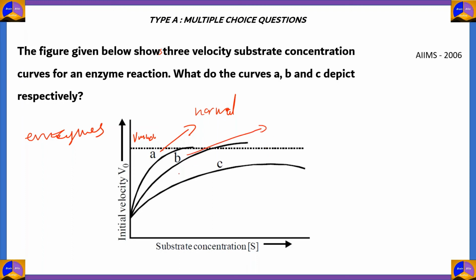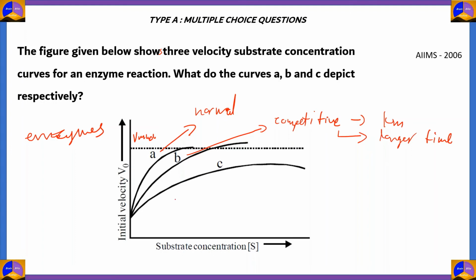And so it takes a greater amount of substrate in order to reach Vmax. That scenario is found in competitive inhibition. So that means it has a greater Km, and that also means longer time to achieve Vmax.